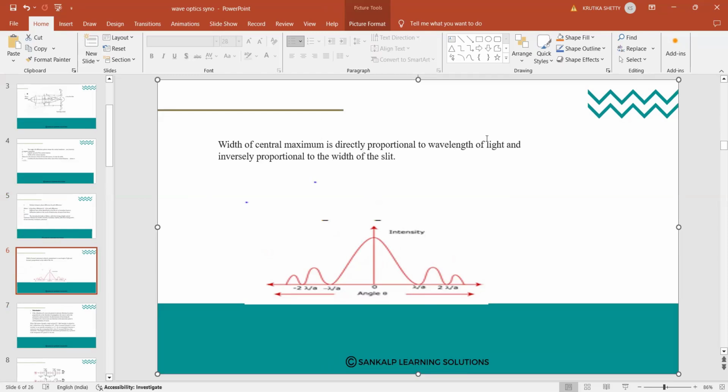The width of the central maxima is directly proportional to the wavelength of light and inversely proportional to the width of the slit. The size of the central maxima that you get depends on the wavelength of the light and on the intensity of the light.